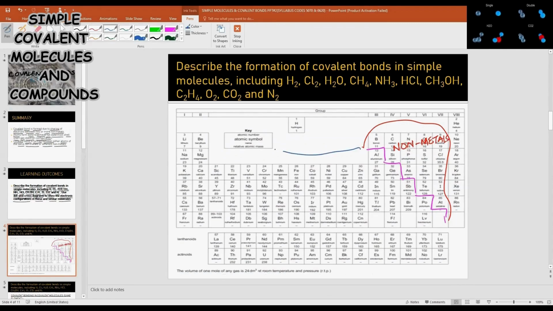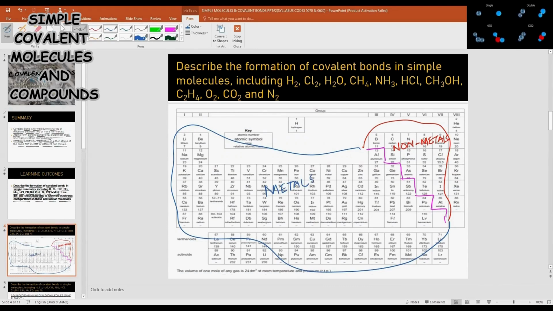In this area, we have only metals. Remember, this last group is the inert gas group, or noble gases. They do not take part in bonding because they neither share electrons nor lose or gain electrons. In this topic, we are concerned with the non-metals only.